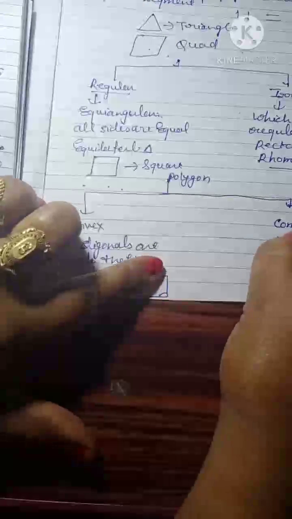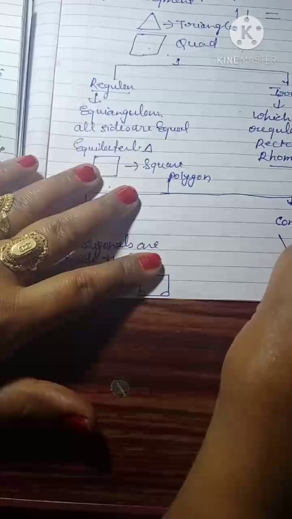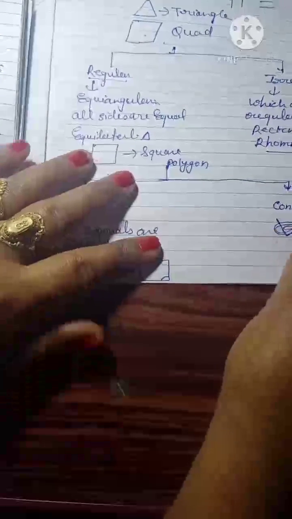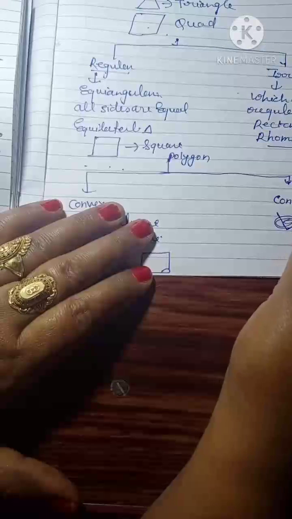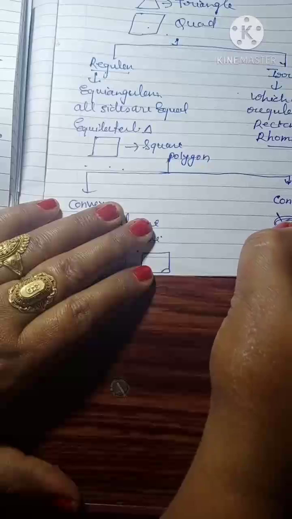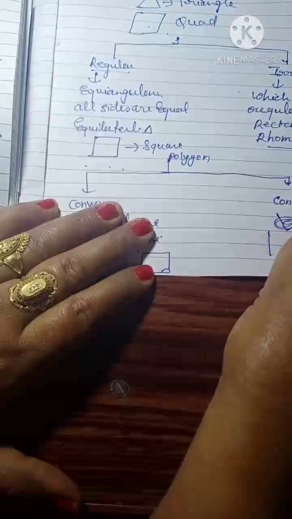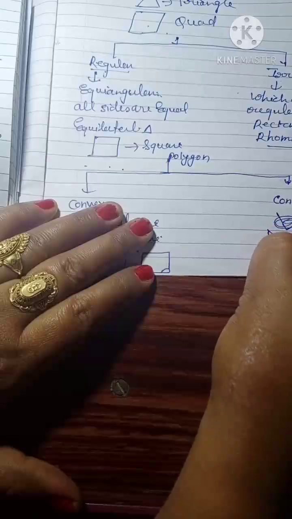So what do you mean by the concave polygon? Concave polygon means, beta, in a figure, if you have at least one angle greater than 180 degrees, then it will be a concave polygon.